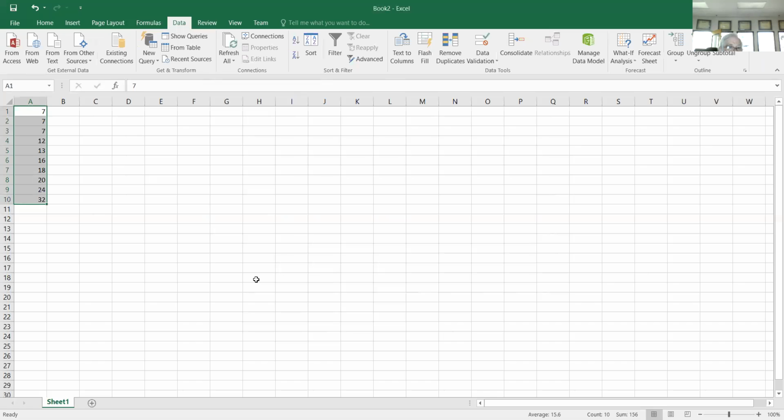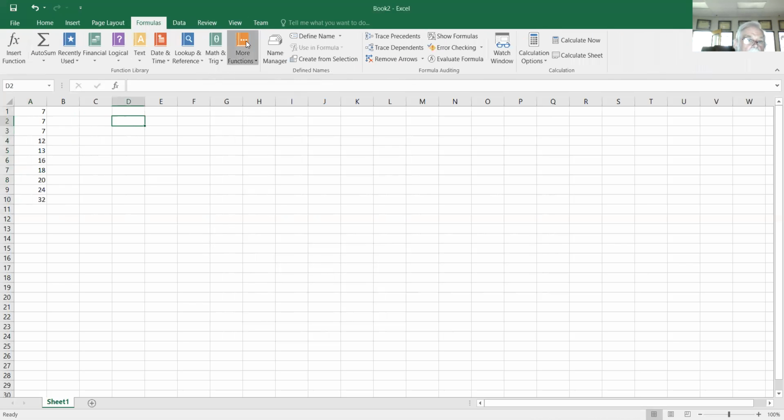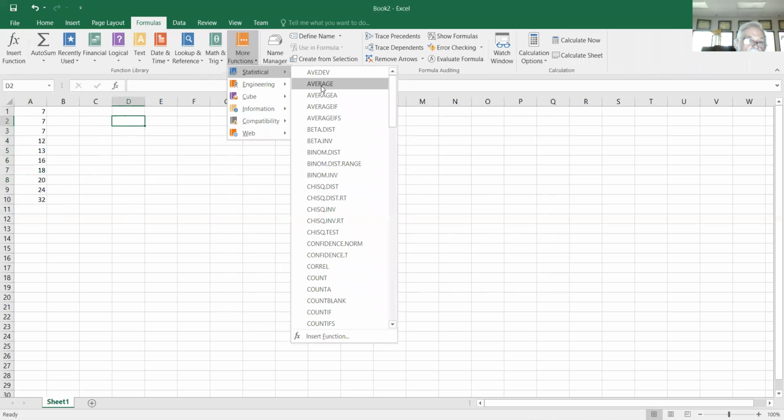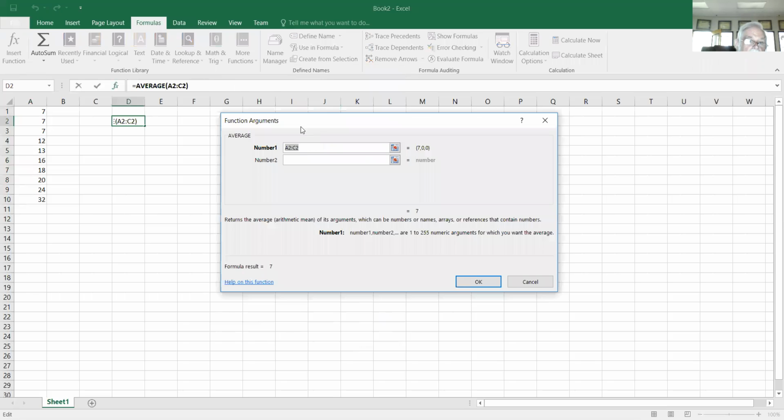In this particular case, we have a mode of 7, the most common value. Now we've got 10 values, so the median is going to be midway between the fifth and sixth values. Let's go back to our formulas, more functions, statistical, and do an average.